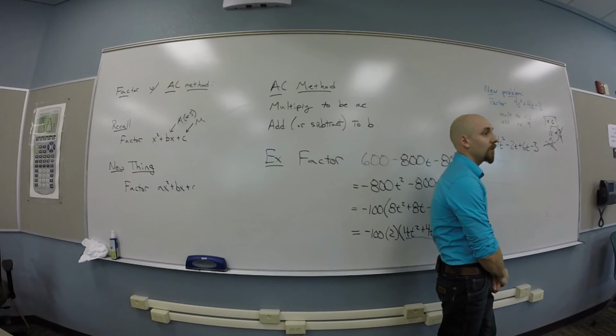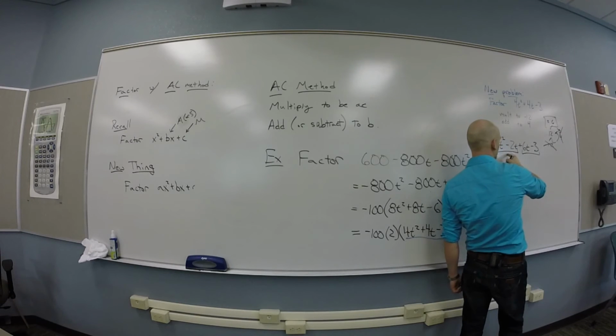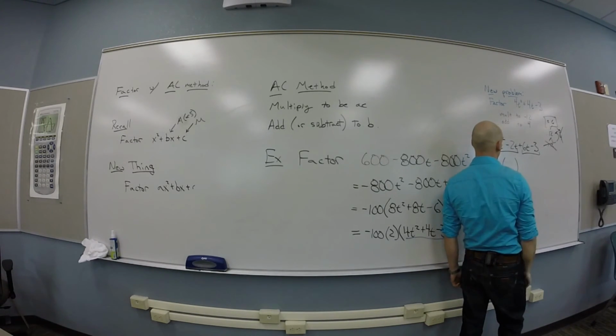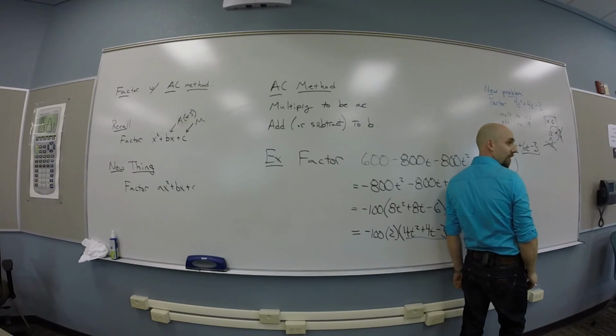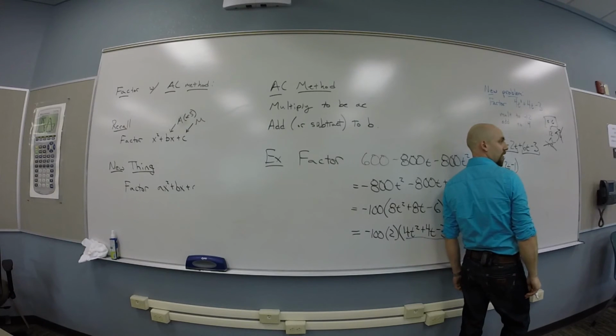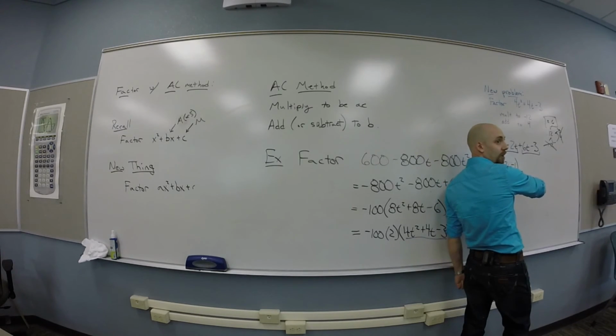And then you group them. So we're looking at this pair and this pair. What can I get out of this pair? A 2t. What am I left with? 2t minus 1. Very nice. When I multiply back through, I get 4t squared, and then minus 2t.